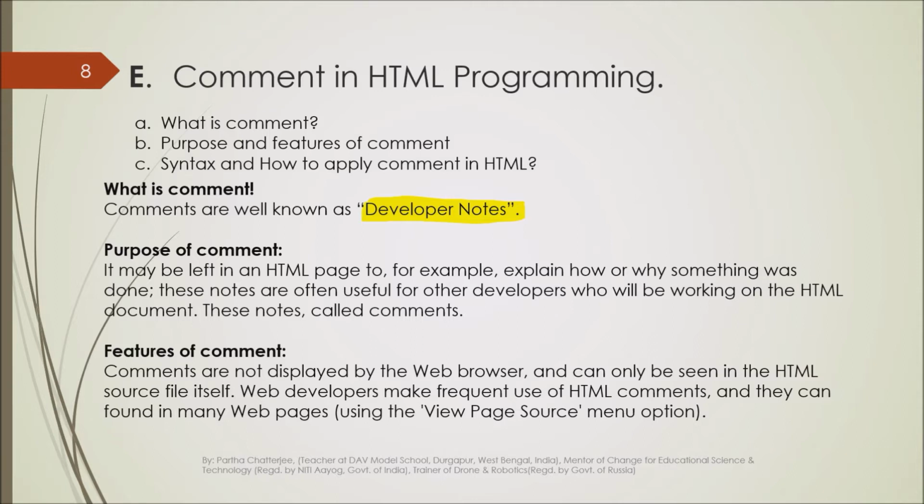you may write the program, but the same program can be developed or modified later by someone else, some other programmer. So in this situation we use comments in programming. So how to write a comment in HTML?